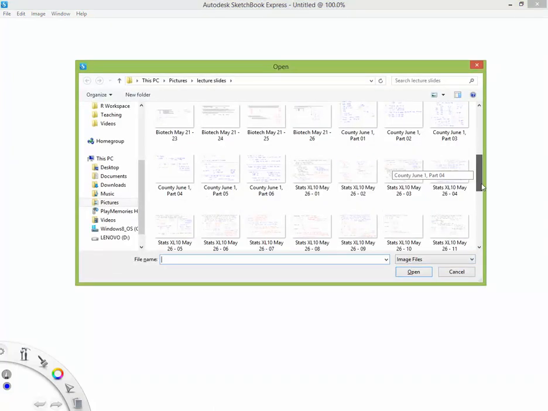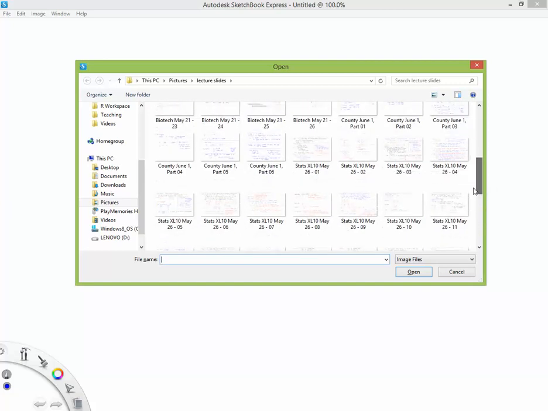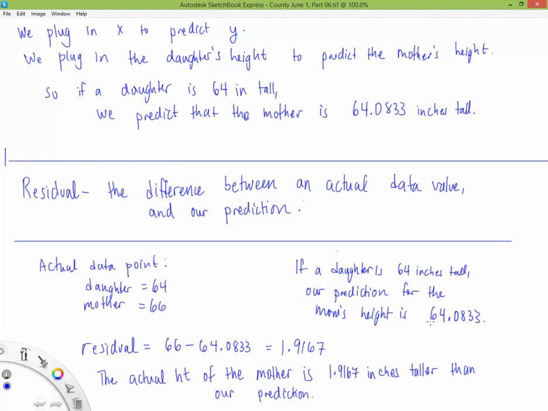Let's say we came across another daughter, and she is 64 inches tall, and her mother is 62 inches tall. What's the residual in this case? I'll put this up on the board in a moment, but you guys should be able to think of the answer right now, okay?